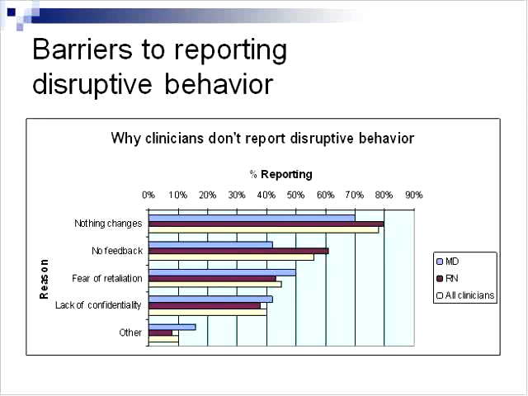Obviously, we do have the confidentiality issues regarding the practitioner who's involved that we have to respect. So we may not give all the details of what occurred to, say, a physician that's reported for disruptive behavior. But we have to let the person who's reported it know that their concern was taken seriously, has been investigated thoroughly, and that we have taken appropriate action based on the situation that they reported to us.